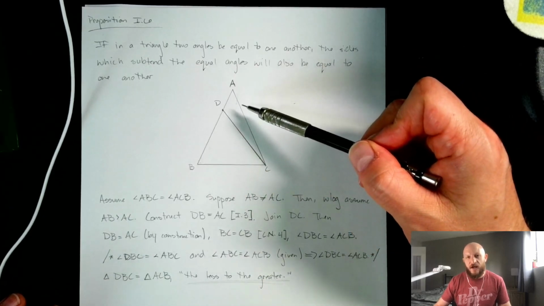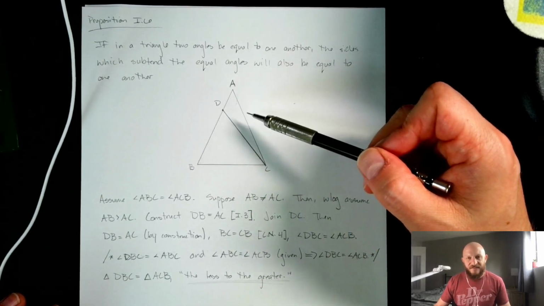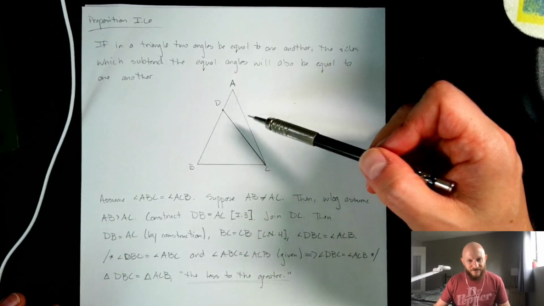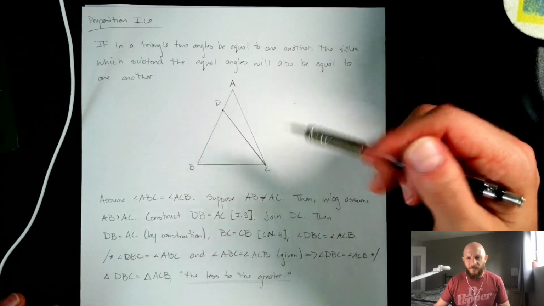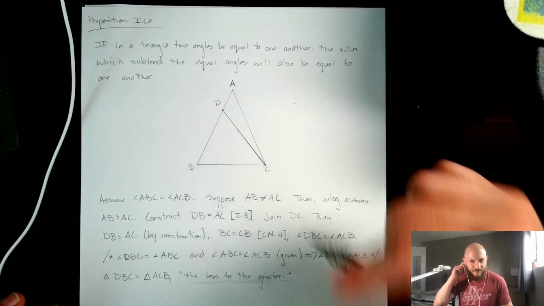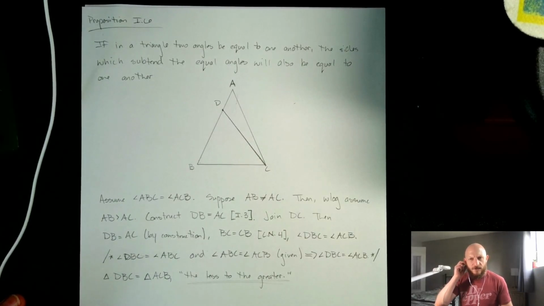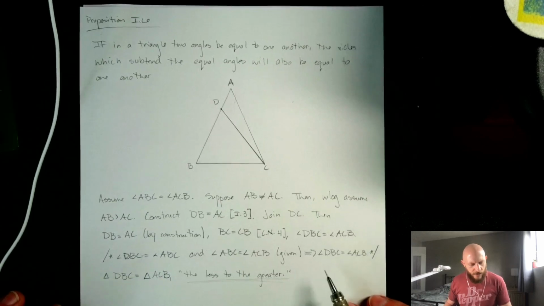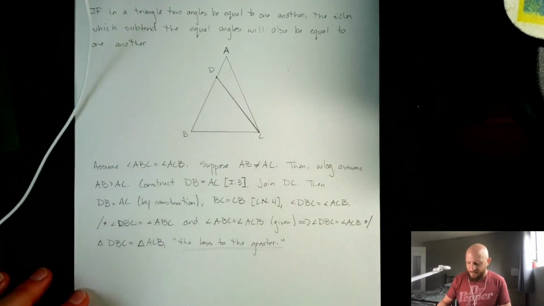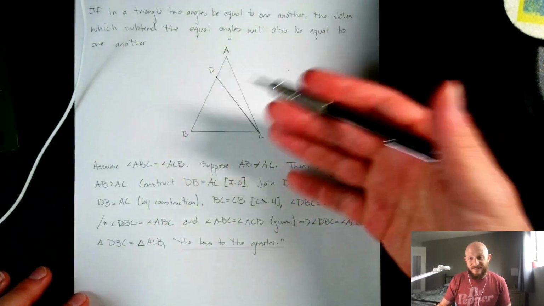Based off of the diagram, that makes sense. But as far as the formalized, rigorous mathematical logic, it almost begs the question, I'd say. But again, intuitively, it makes sense.